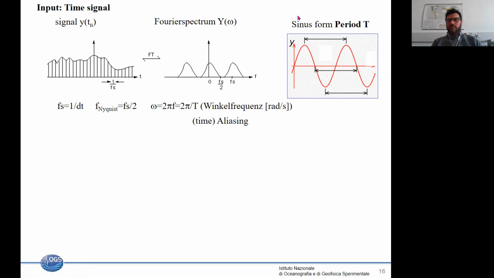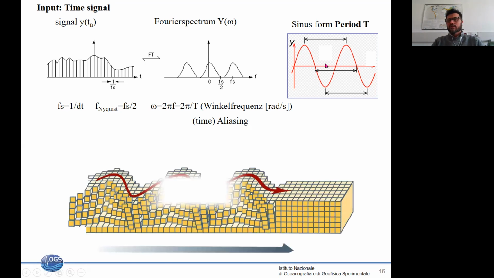So in the time domain, just imagine we are here. This is my sensor. I'm recording the oscillation at the same point. For the vertical movement, I'm just going up and down, and my period here is the period at which I have my oscillation at the same point.